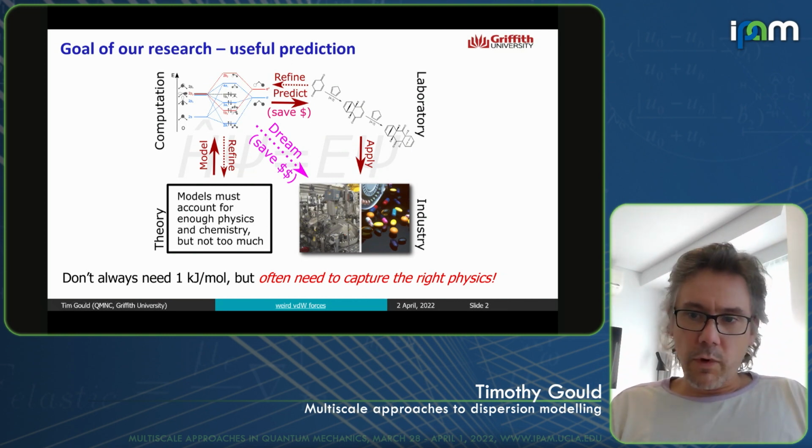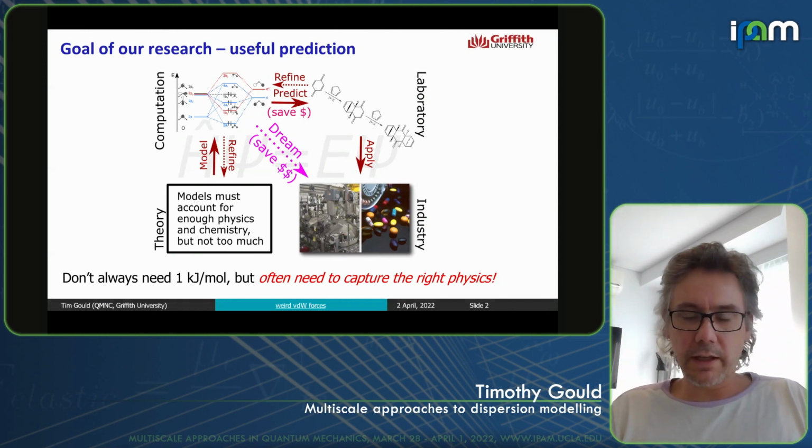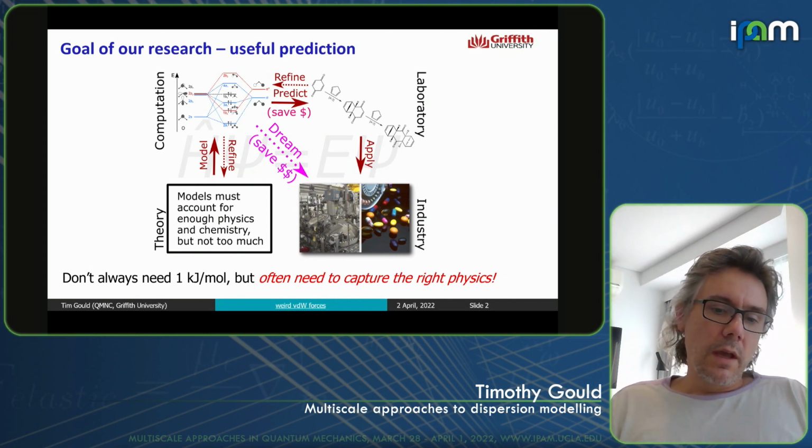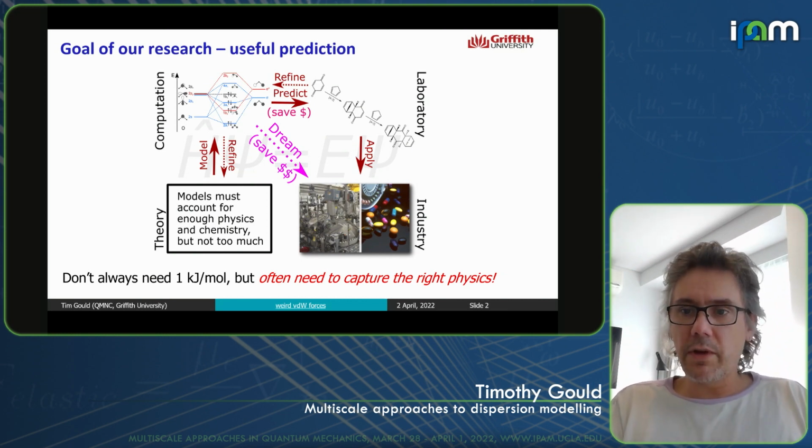So 1 kilojoule per mole is their magic number for high accuracy, sometimes 1 kilocalorie per mole, depending on which particular chemist you talk to. But I would argue that the most important thing, rather than some sort of number, is that we need to make sure we're able to capture the right physics in models.